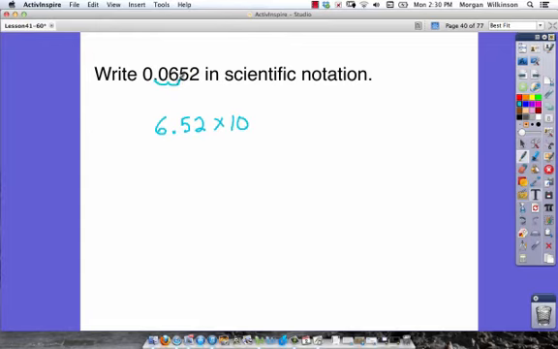Since we're moving the decimal backwards, this is a much smaller number than we had before, so we're going to do the opposite. We're going to say this is going to be to the negative 2nd power. Since we had to go the other direction, we're going to use the other sign for our power. 6.52 times 10 to the negative 2nd, and we've written our number in scientific notation.